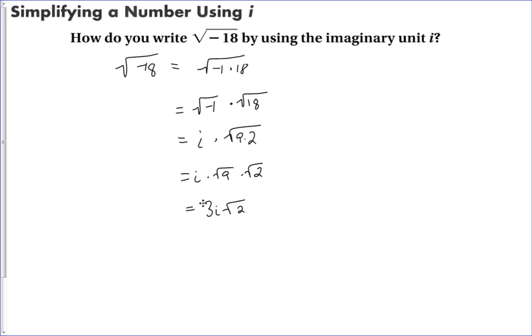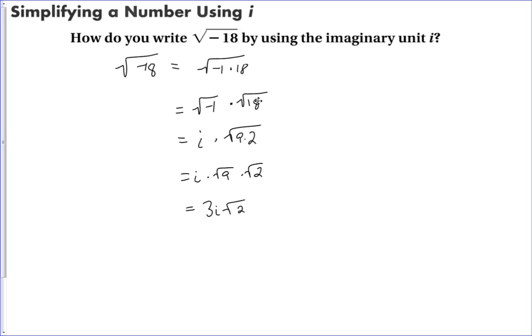Basically, what you can see here is we pulled out the square root of -1 and got i. Then we simplified the square root of 18 down to 3 times the square root of 2, and we added the i after the 3.